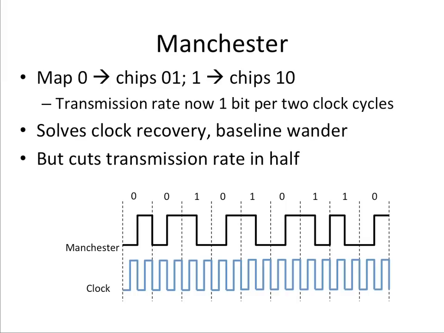And if you want to transmit 1, you encode that as 1, 0. So do you see the difference between bits and chips now? Chips is the information at the physical layer. Bits is the information that the physical layer provides to the upper layer. Because the information that we care about is 0 or 1, but we happen to transmit that as multiple bits, if you will, at the physical layer. Does that make sense? Great.